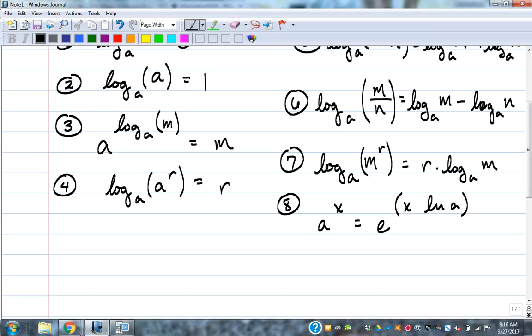One's base A, the other side's base E, so those don't really work out great. But through the use of some nice property stuff here, this goes up there. It's the reverse of this particular property. This could be a natural log of a to the x. So I'm showing you why this property exists.